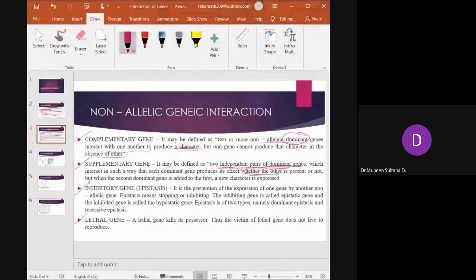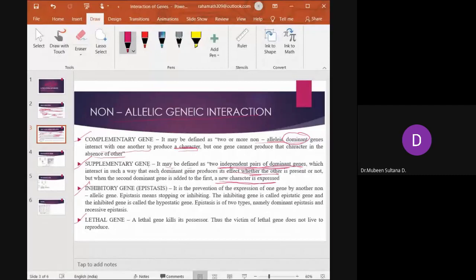They are not dependent on each other to represent their characteristics. But the second dominant gene is added to the first to produce a new character. You remember the dihybrid cross?